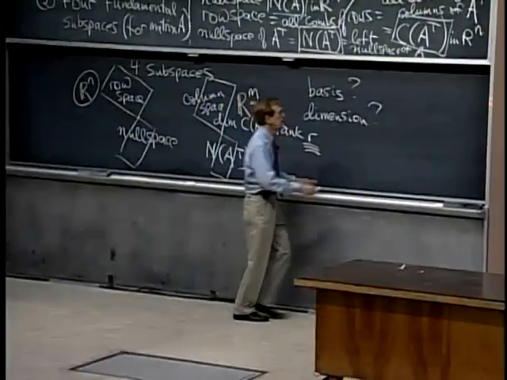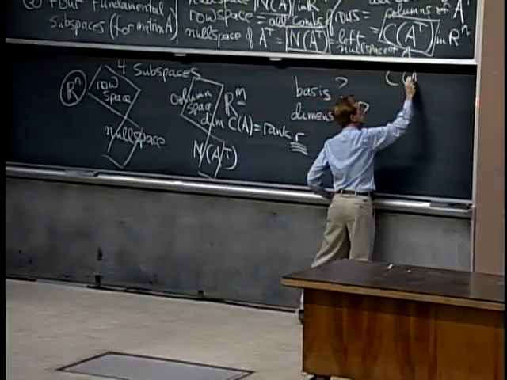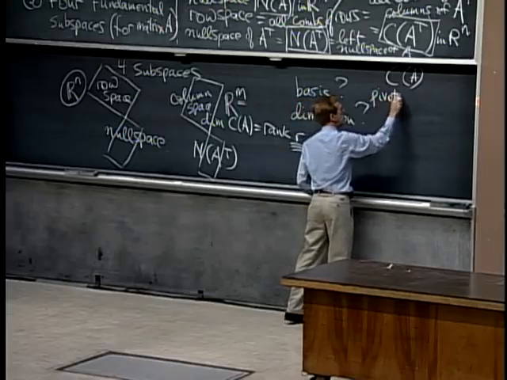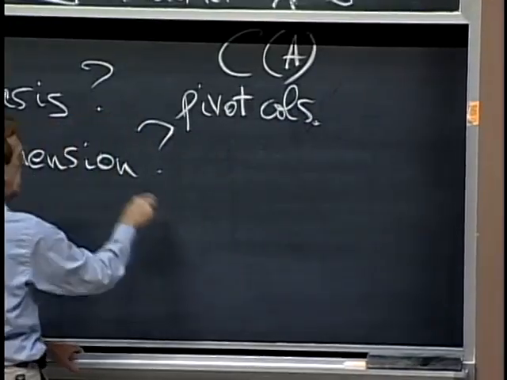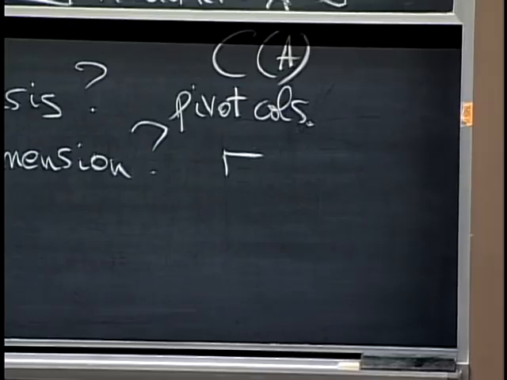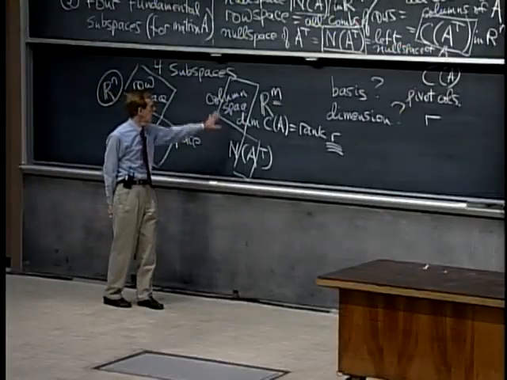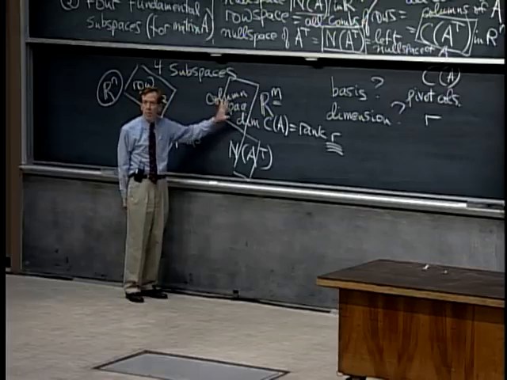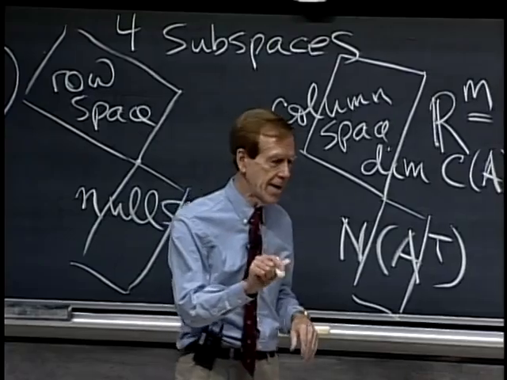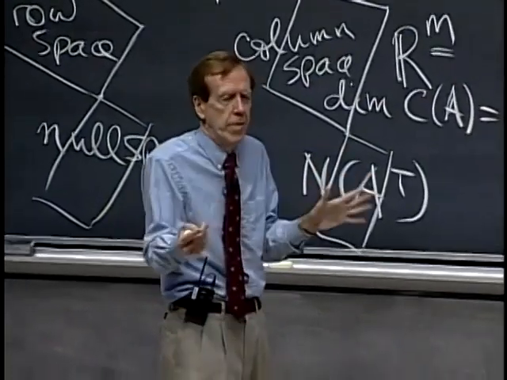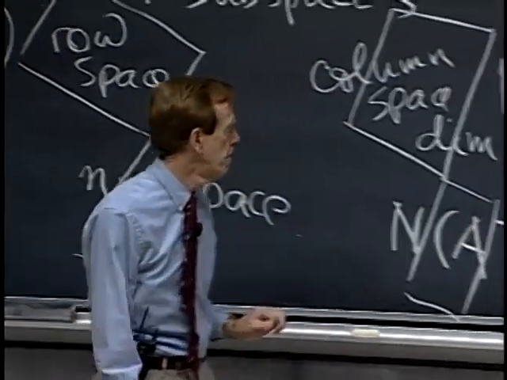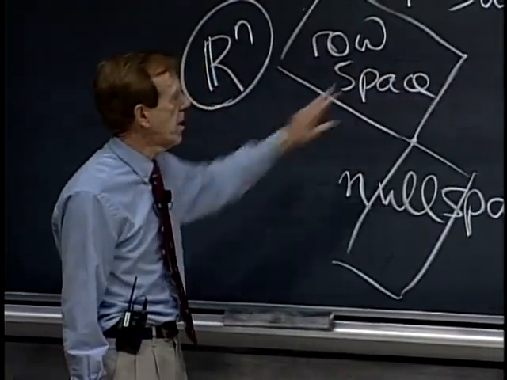So the answer for the column space is that a basis is the pivot columns, and the dimension is the rank R. Okay, so that space we pretty well understand. I probably have a little going back to prove that this is the right answer, but you know it's the right answer. Now, let me look at the row space.